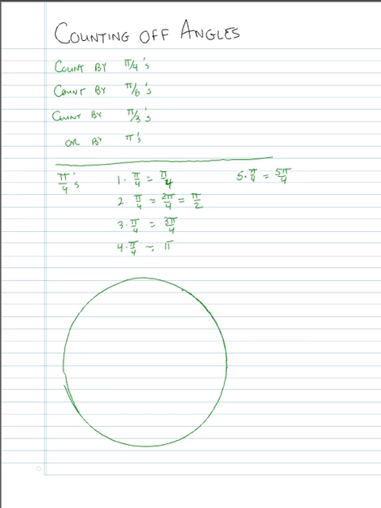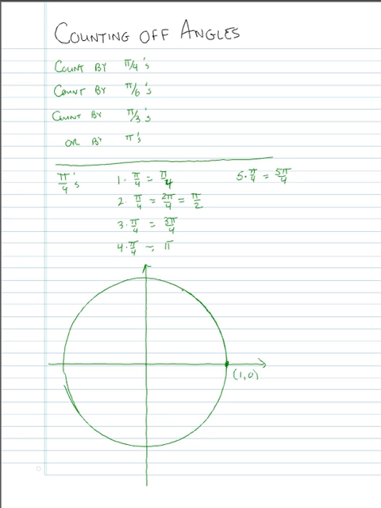Now, in this unit circle, I guess I drew the circle and didn't draw the axis, did I? Okay, I've got a unit circle, so of course this is the point 1 comma 0.